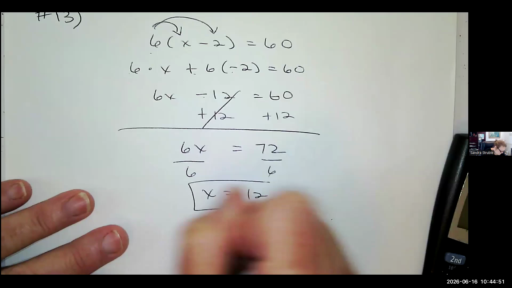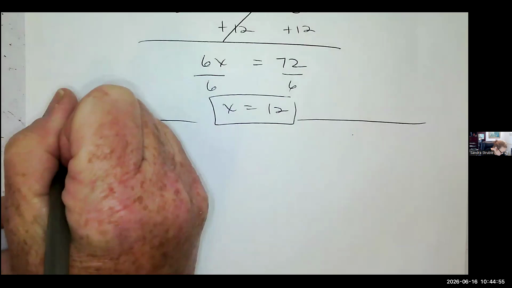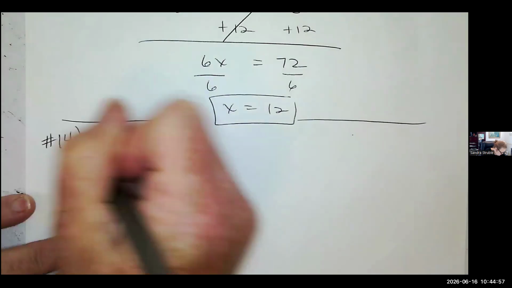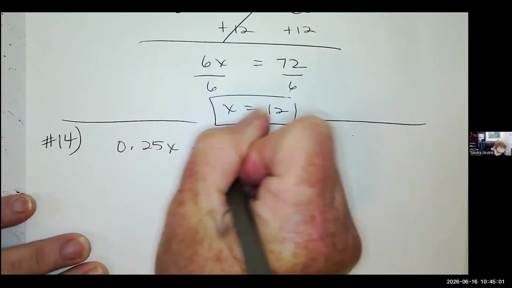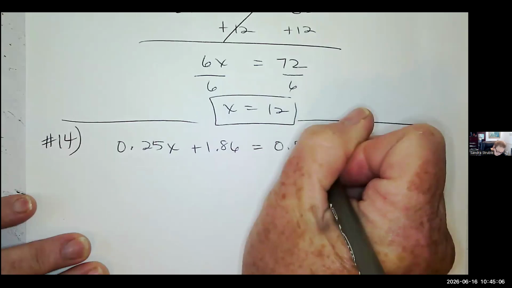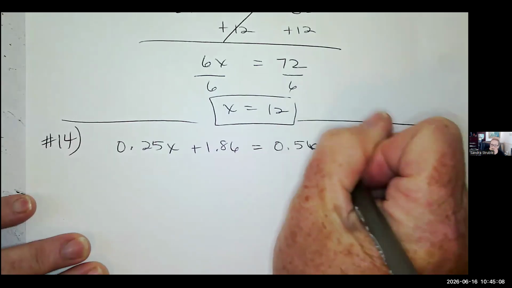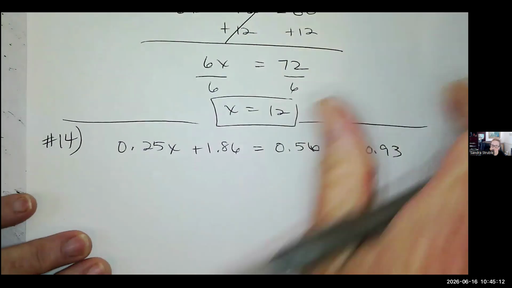All right, 14. We got 0.25x plus 1.86, 0.56x minus 0.93. I need my x's on one side, my constants on the other. So I've got an x here, an x here.